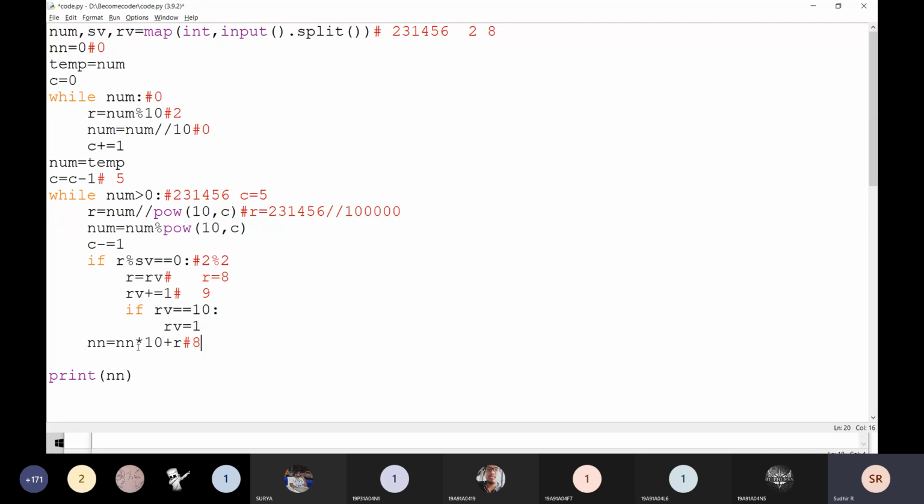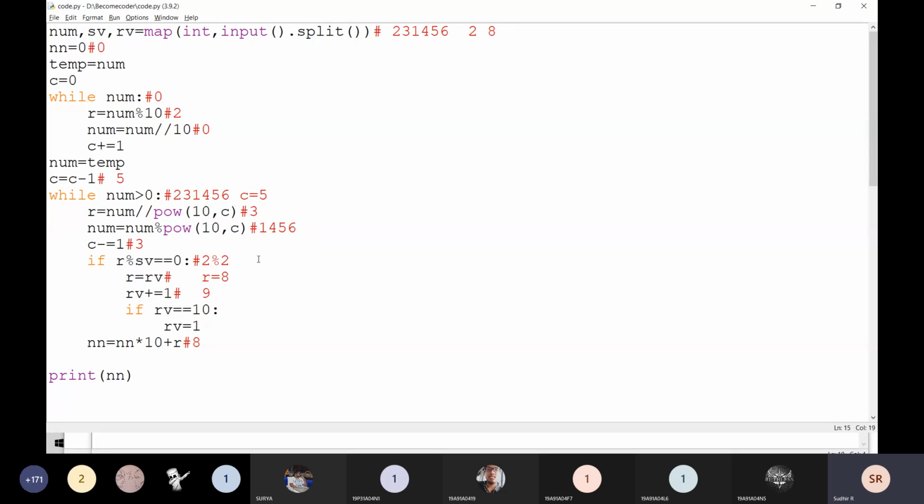Then it becomes 8. Simply it becomes 8. And the next value is going to be 3. What is the next value? The next value is going to be 3 now. And this value is going to be this one, the remaining values. And c becomes 3. Then it becomes 3 now.